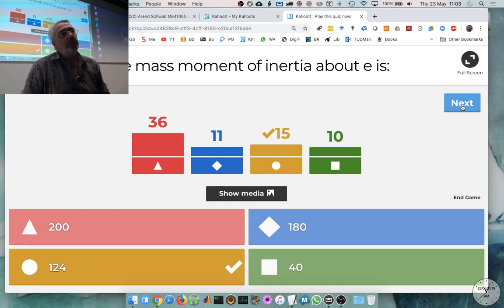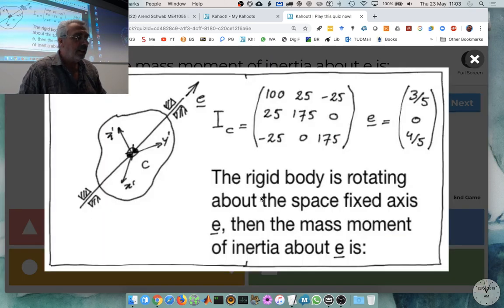Now, there can be two reasons why there are so many incorrect answers, right? Either you're unable to perform calculations, which holds for me a lot of the time, or you have no clue how to calculate it. The first I cannot resolve, the second I can. So if the axis is fixed, and this is the mass moment of inertia, then you have to post-multiply and pre-multiply this inertia matrix with this direction vector.